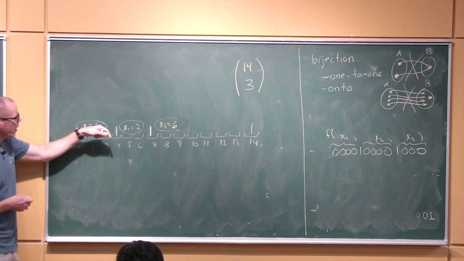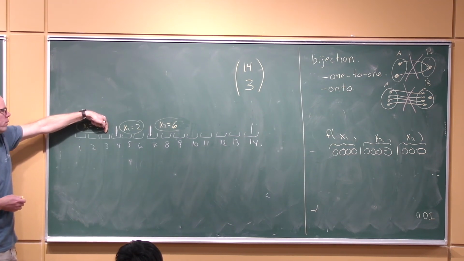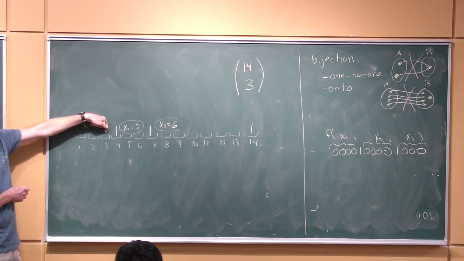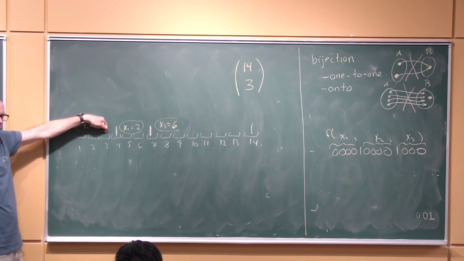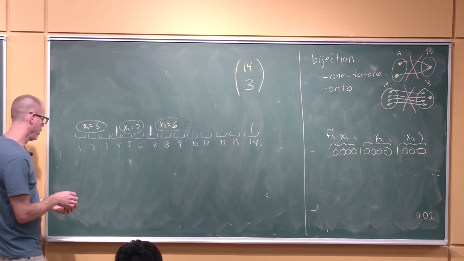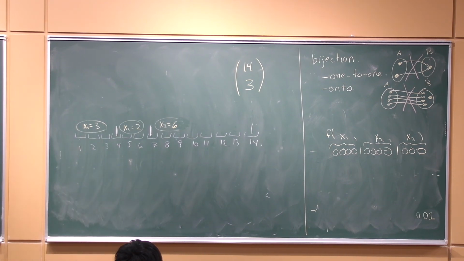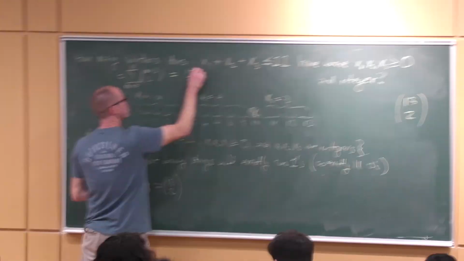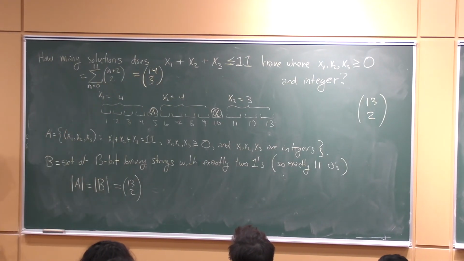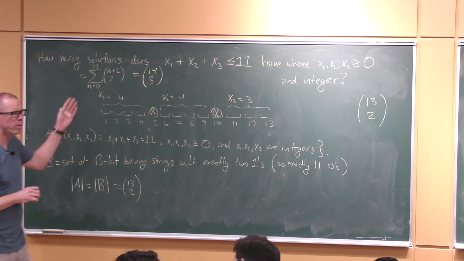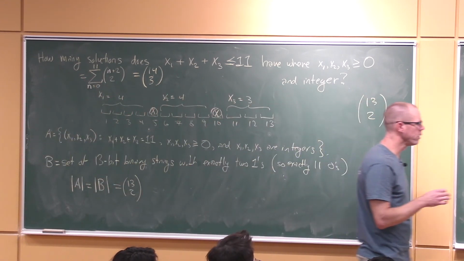All the way down, that third one can't go sooner than position 3, because you have to leave room for the other 2 ones, which gives you exactly that formula there. But that also gives you this identity here, which, yeah, I don't think any of the ones we've done give you that immediately.